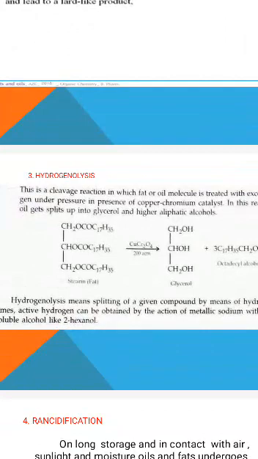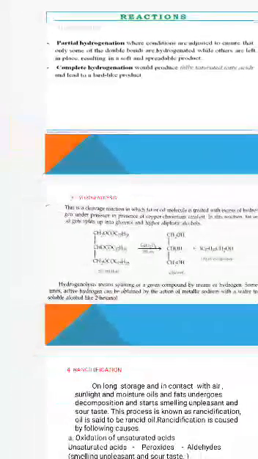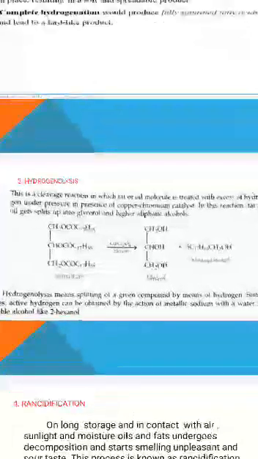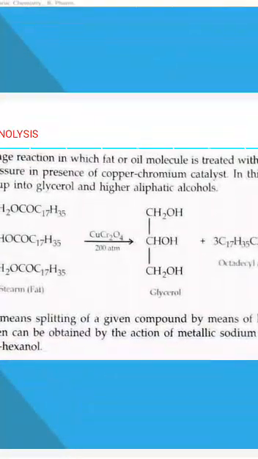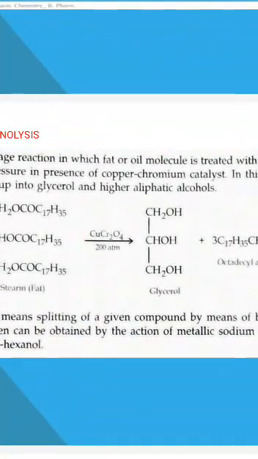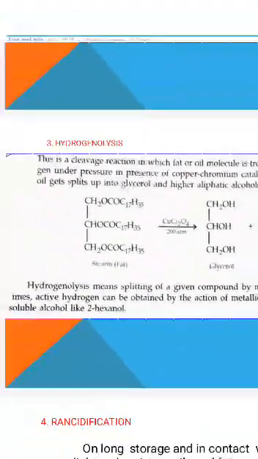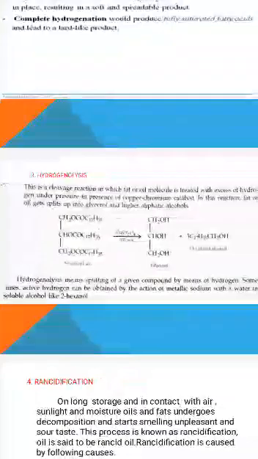Hydrogenolysis means splitting of a given compound by means of hydrogen. Sometimes the hydrogen useful for this process can be obtained by the reaction between metallic sodium and hexanol. This hexanol is a water insoluble compound.